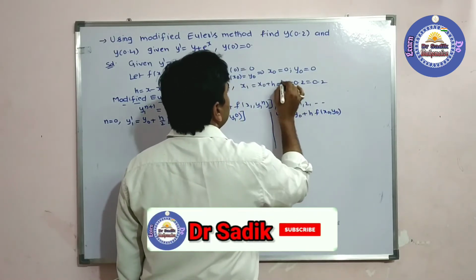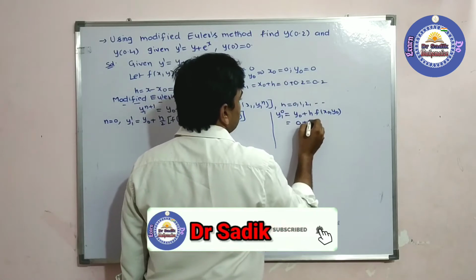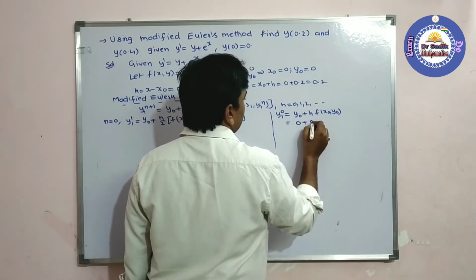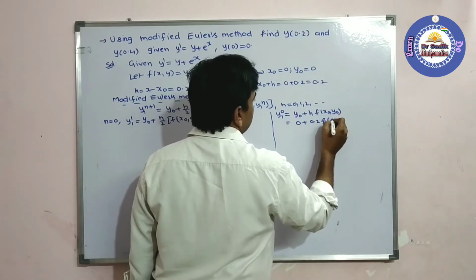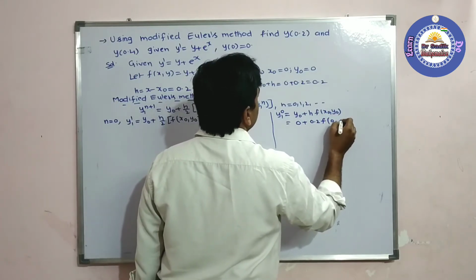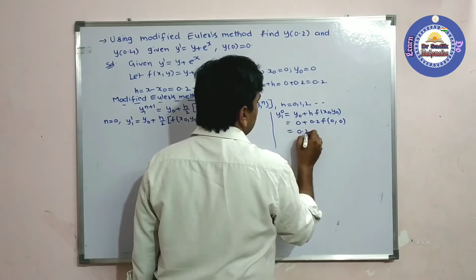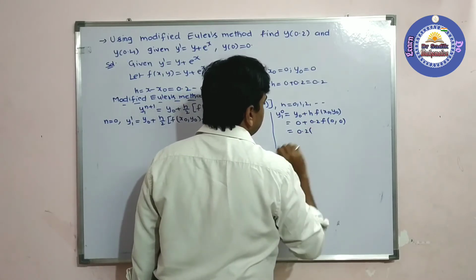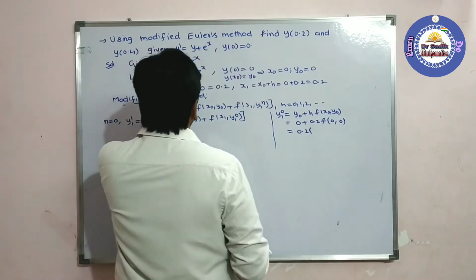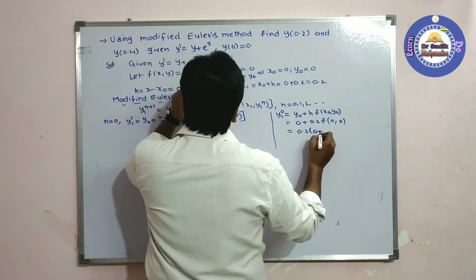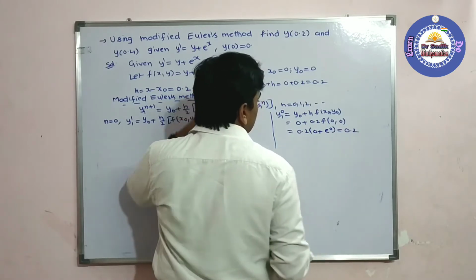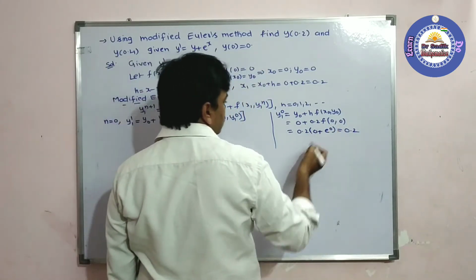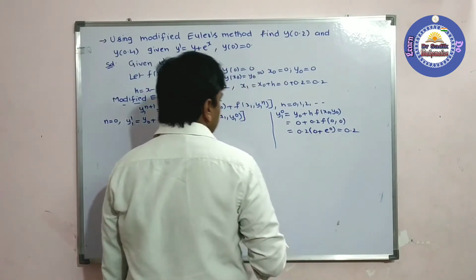What is y0, students? The y0 value is 0, plus the h value 0.2 into f(x0, y0), that is f(0, 0). So that is equal to 0.2 into, y value 0, so 0 plus e^0. Finally we get 0.2, because the e^0 value is 1, and 1 into 0.2 is 0.2.